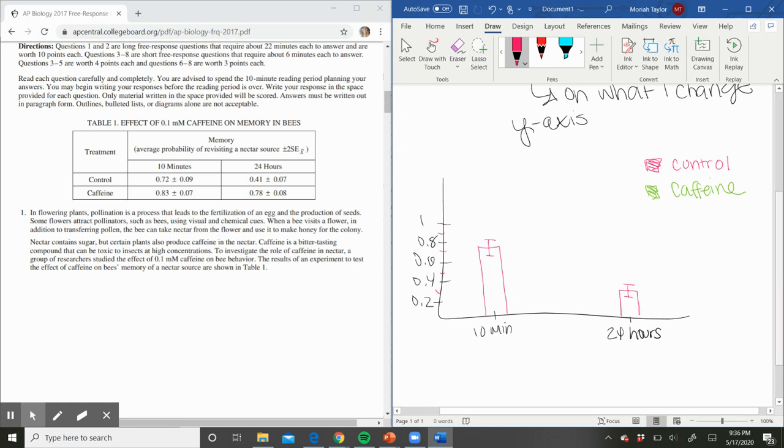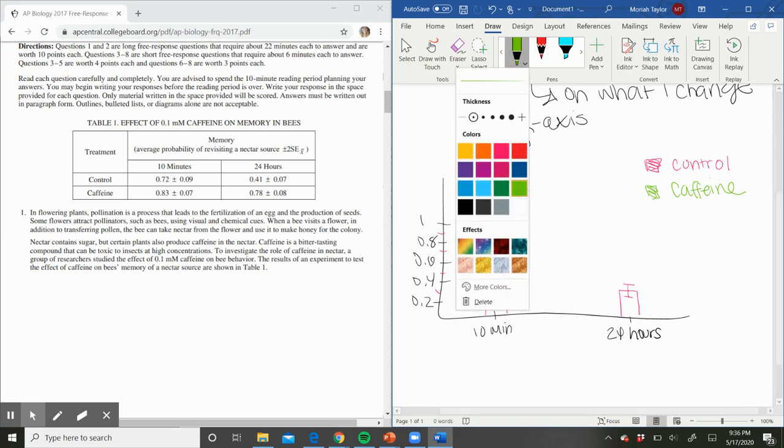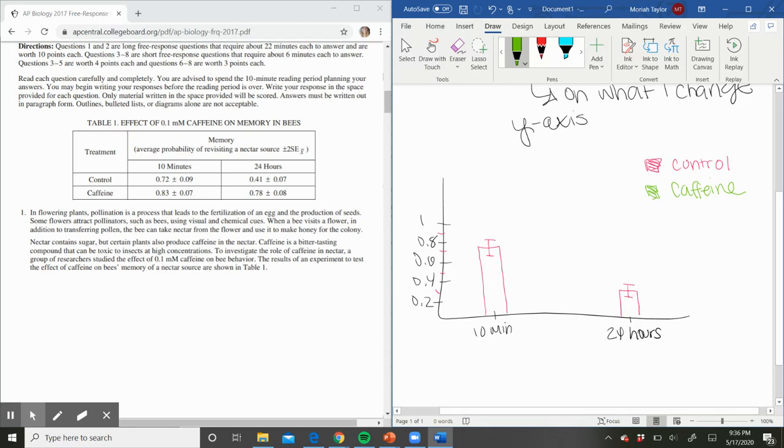And then I have the treatments that I have to do. So for caffeine, for 10 minutes, it's 0.83. So I'm going to graph that over here for 10 minutes. Let's say right here is 0.83. I'm going to erase this little weird line. And then the standard error is 0.07.